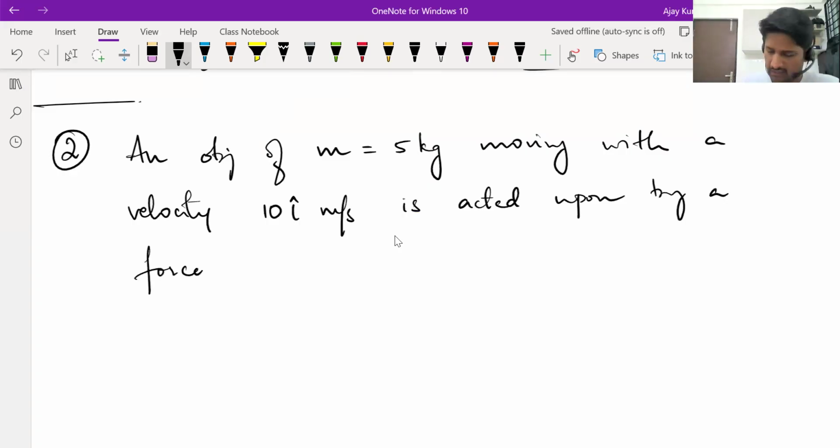Okay, only one force is acting on it. F is equal to 4 i cap, okay, variable force, 4 t square i cap newtons.